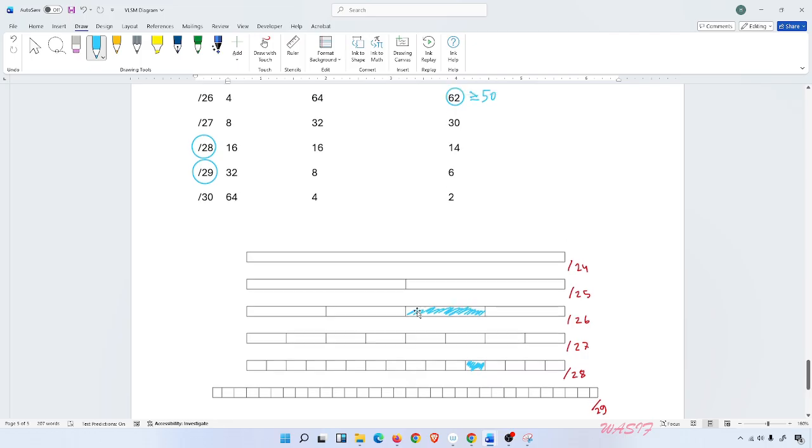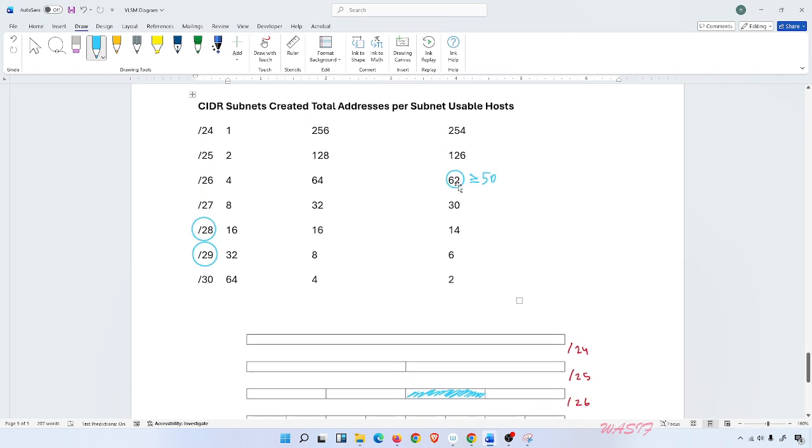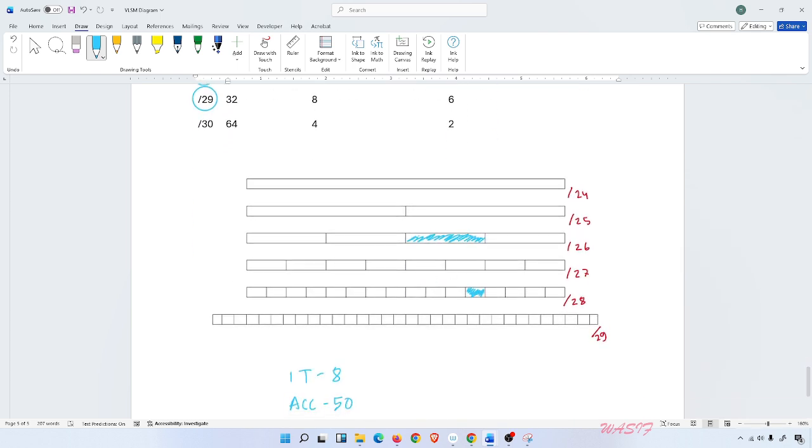Then we have another one, marketing is 60. I know that 62 can solve the problem, so let me take this portion for marketing. So this is for IT, this is for accounting, this is for marketing.